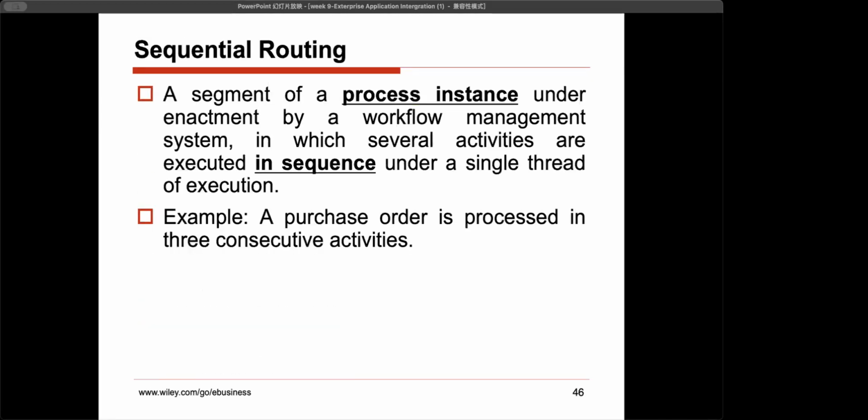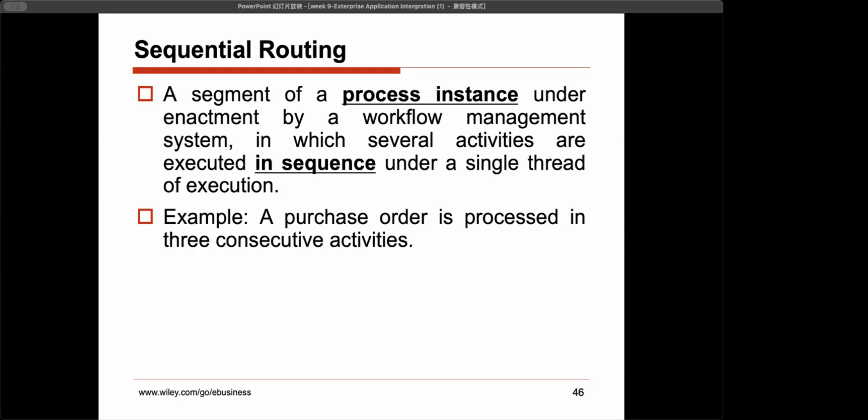And the workflow routing, sequential routing, a segment of a process instance under enactment by a workflow management system in which several activities are executed in sequence under a single thread of execution.